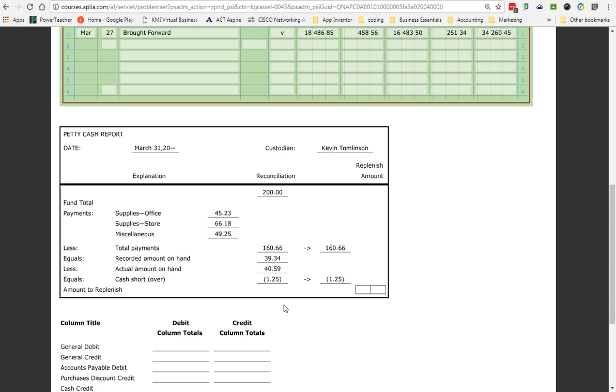Because we are over, are we going to write this check for more or less than $160? Less. I'm going to take $160.66, subtract $1.25, and that amount right here is the amount of the check that I am going to write out. So my check is going to be written out for how much, Ari?